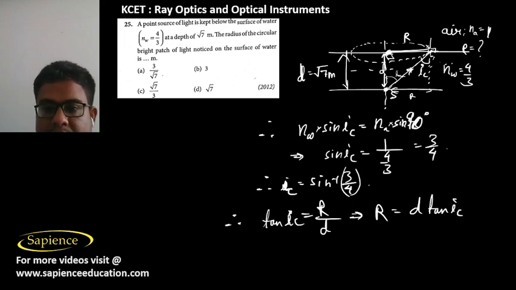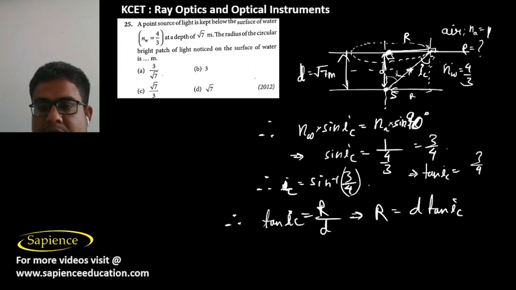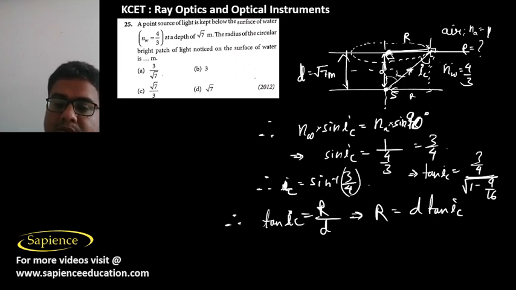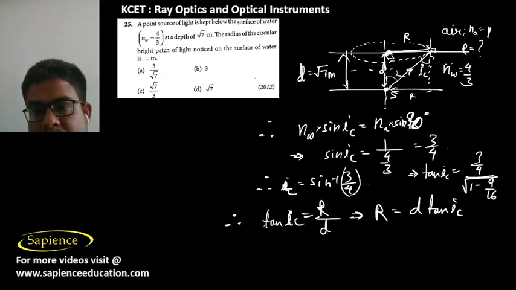Now from here sin IC is 3/4, so therefore tan IC is equal to sin IC by square root of 1 minus sin square IC, that is 3/4 by square root of 1 minus 9/16.